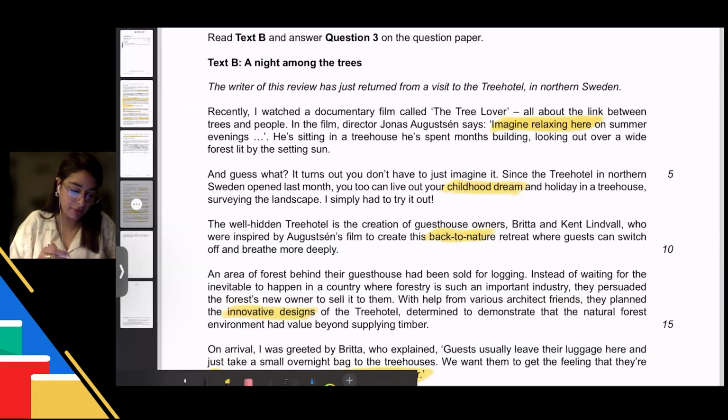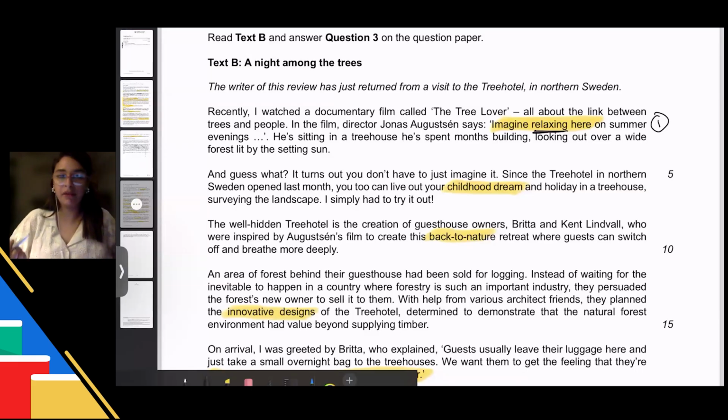Talking about, for example, recently I watched a documentary film called The Tree Lover, all about the link between trees and people. In the film, director Jonas says, imagine relaxing here on summer evenings. So, the idea of this being a relaxing experience is one point that we can highlight within our summary. He's sitting in a tree house he spent months building, looking out over a wide forest lit by the setting sun.